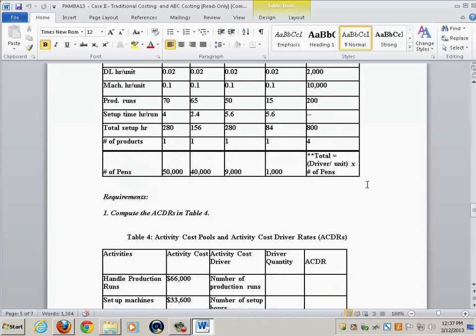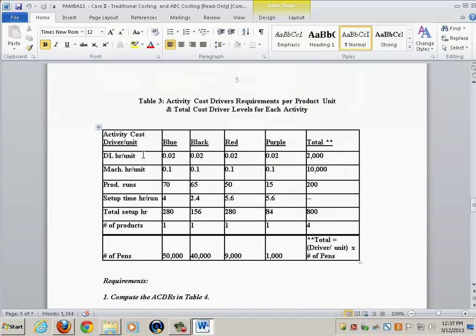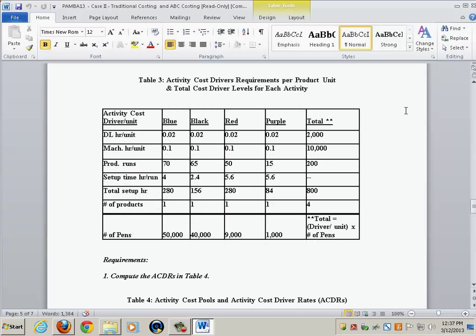Now the third phase of activity-based costing is to specify the cost driver requirements per product unit and the cost driver levels for each activity. So you have the activities in this column, and you have the activity and the cost driver per unit.